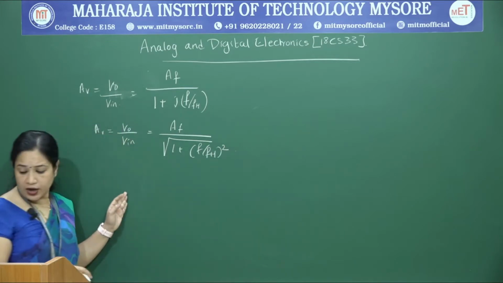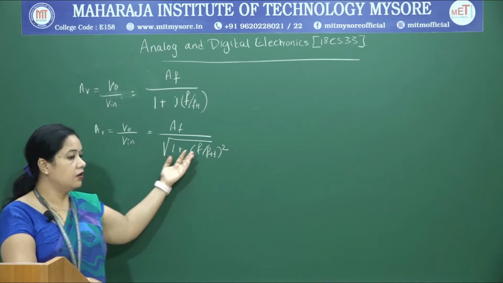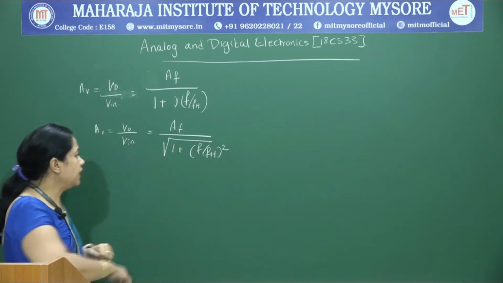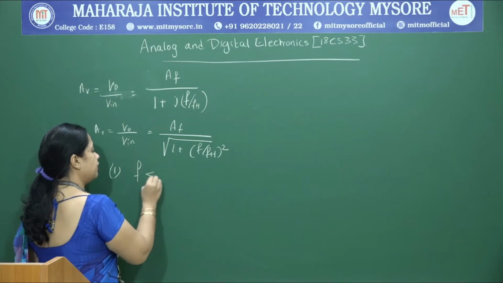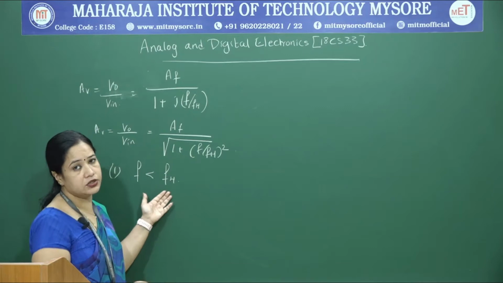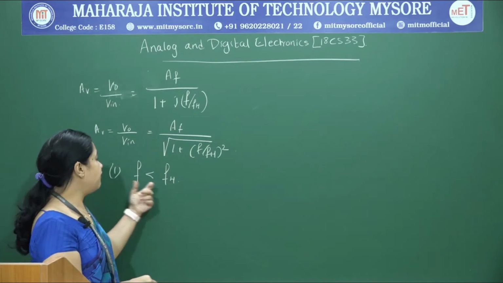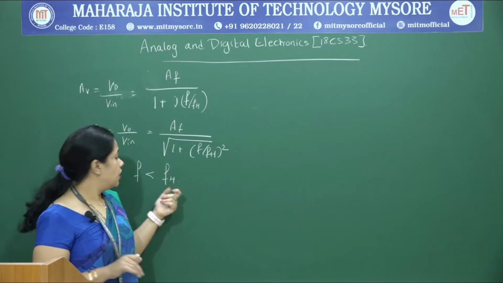Now, we will analyze the behavior of a low pass filter for different frequencies. We will consider the very first case, where the input frequency F is less than the cutoff frequency FH.